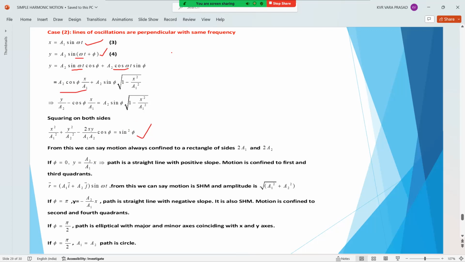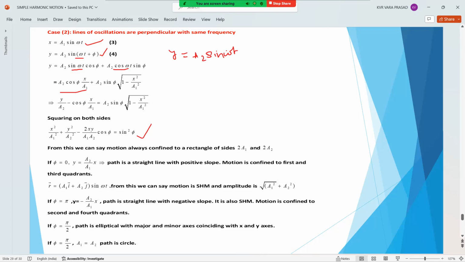I am writing here: taking phi value 0, y equal to a2 sine omega t. And we are having x equal to a1 sine omega t.